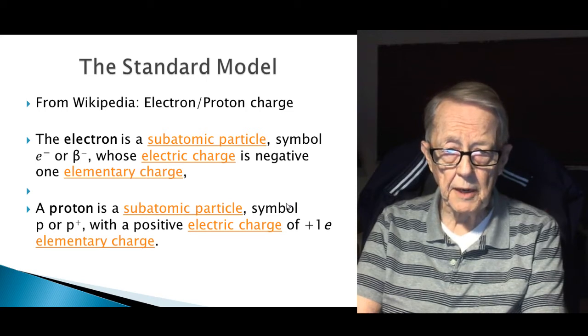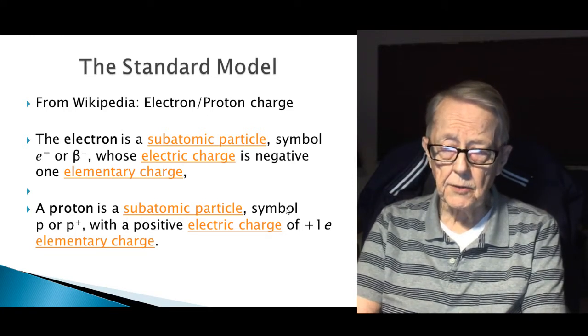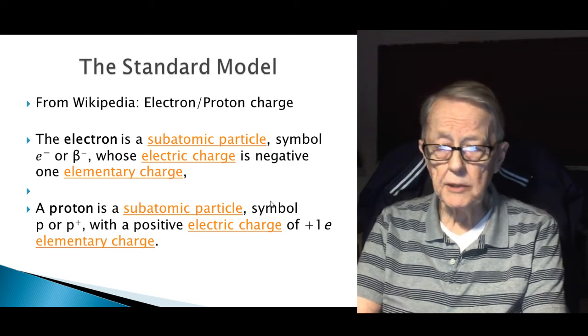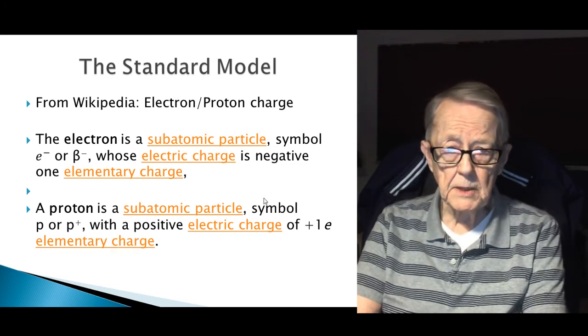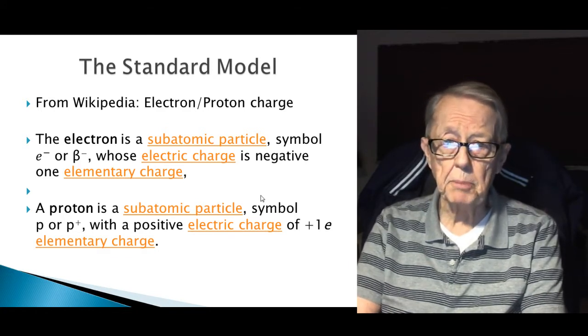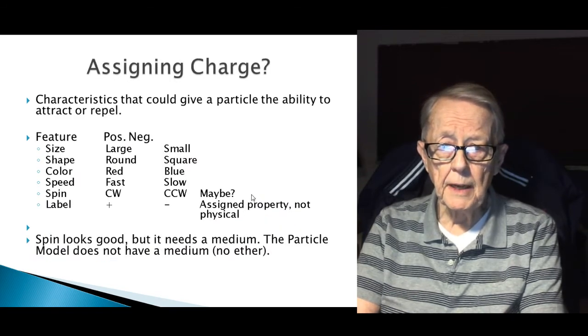The proton is a subatomic particle with a P or P plus showing a positive charge. They just assign it, it just has it. And of course, positive and negative attract and like charges repel. It's the normal way of operating.